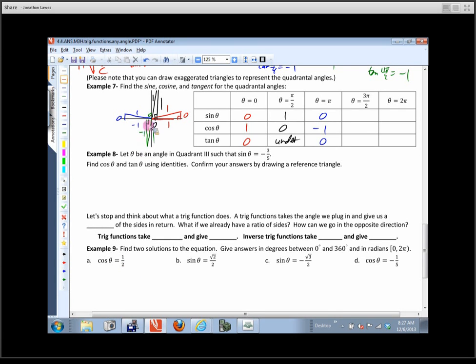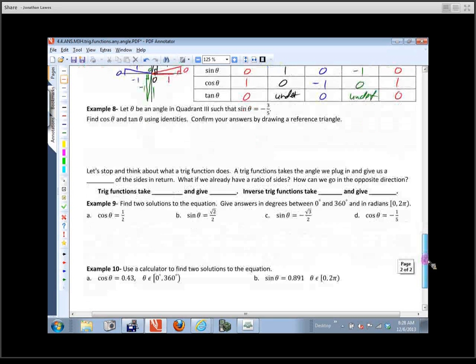So this would be the opposite side, the y-coordinate over the radius. So that's going to be negative 1. That's going to be the adjacent over the hypotenuse, that's going to be 0. And then this is going to be the opposite over the adjacent, so this is going to be undefined. And what about this one right here? It's the same as the first one. So we're right back here, 0, 1, and 0. Okay? Any questions there?